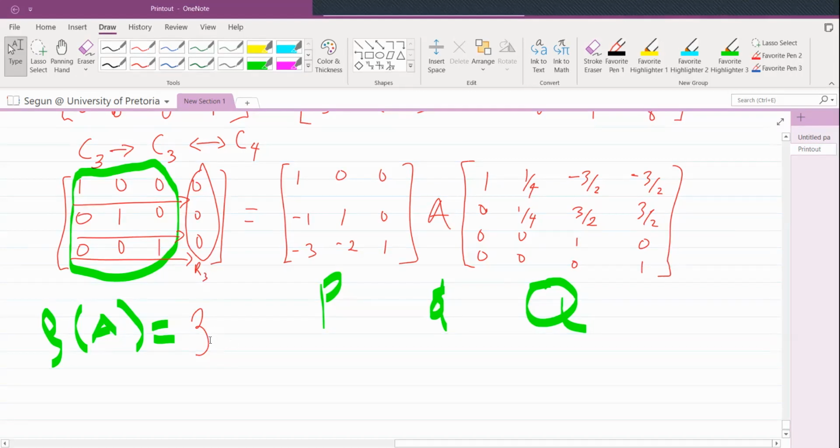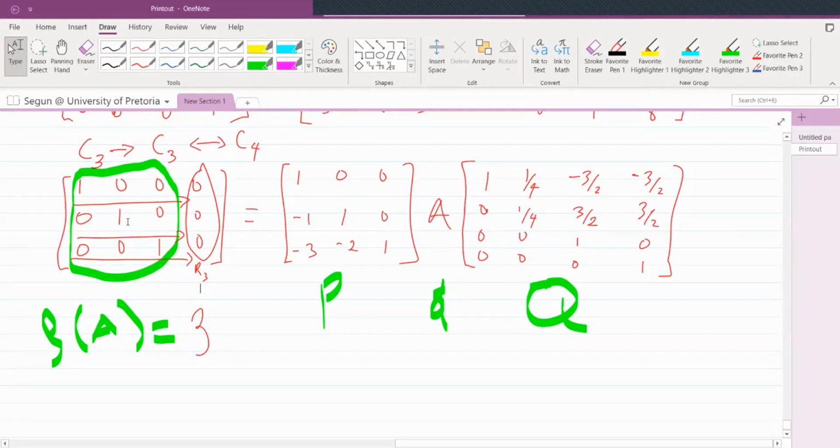So that is why we call it 3. Assuming the last row is 0, we will only have 2. Assuming after reduction 2 rows are 0, we only say 1. I hope I've answered your question.